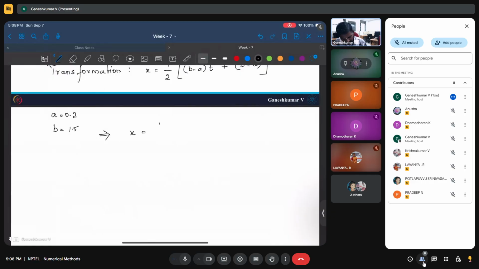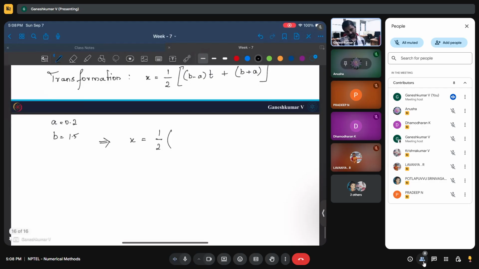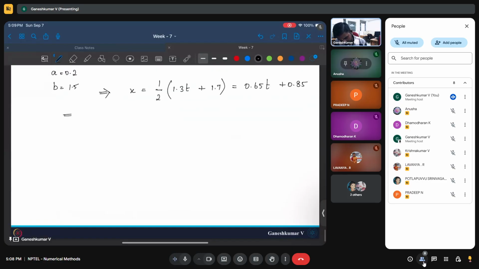Now let's substitute it. x is equal to half of b minus a, which is 1.5 minus 0.2, which is 1.3, times t, plus b plus a, which is 1.7. Simplifying further, it's 0.65t plus 0.85. So your transformation is x equal to 0.65t plus 0.85.